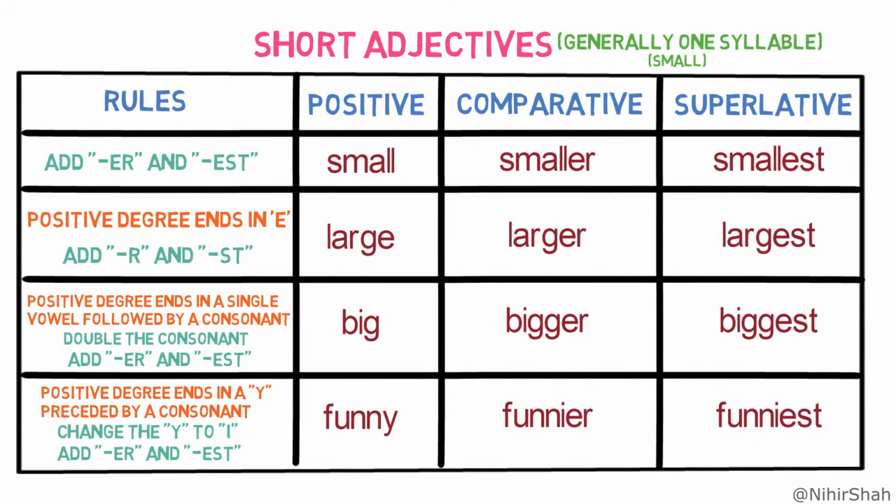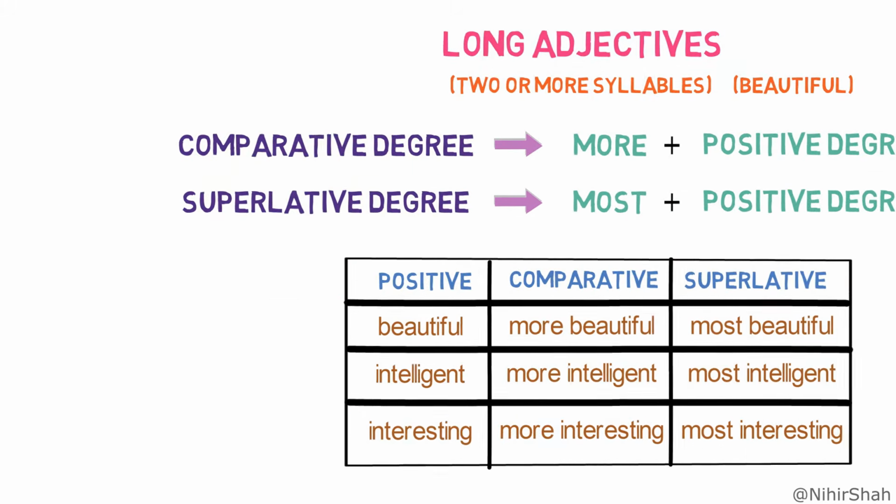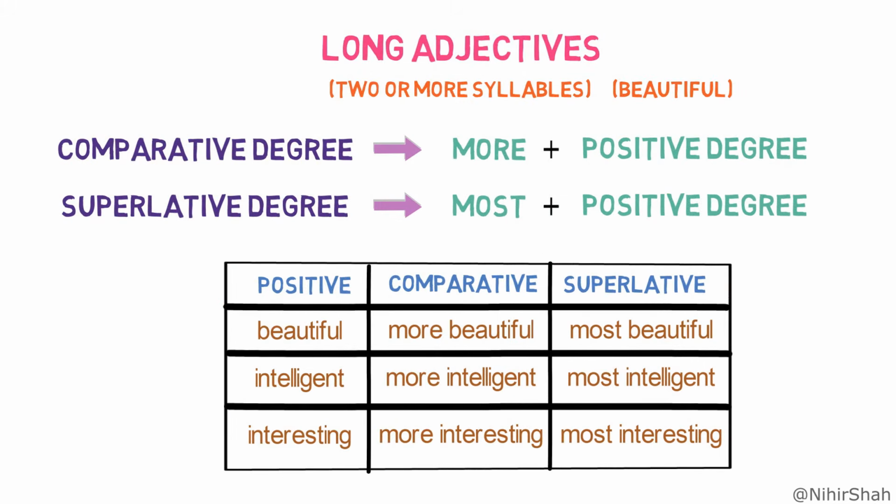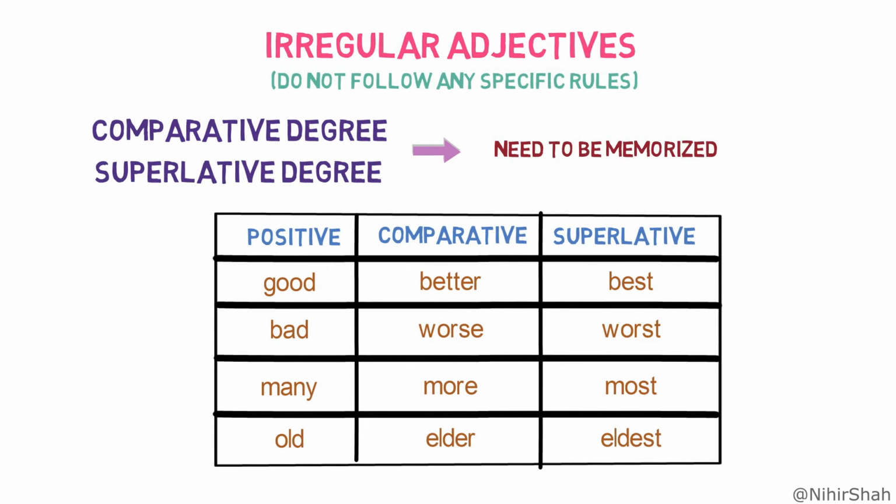Short adjectives follow specific conversion rules which are listed here. Long adjectives require the addition of more and most for comparative and superlative degrees. Irregular adjectives have their unique forms that need to be memorized.